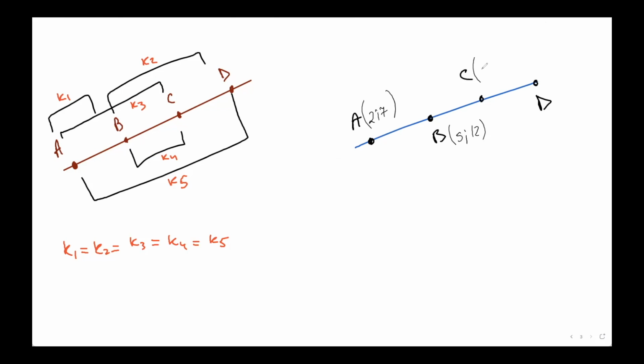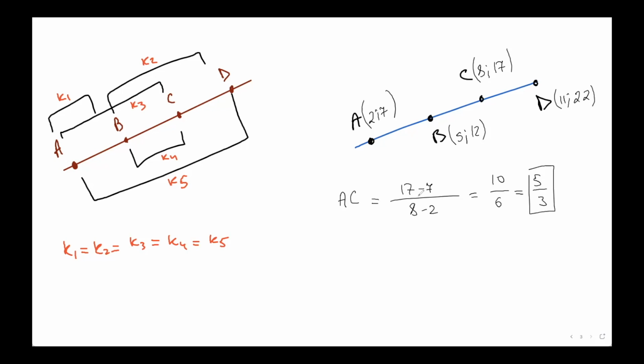C is, let's say, 8 and 17. And D is 11 and 22. Okay, I'm going to find the slope by using A and C. It is y2 minus y1 divided by x2 minus x1, which is 10 divided by 6. That is 5/3. This is our slope.